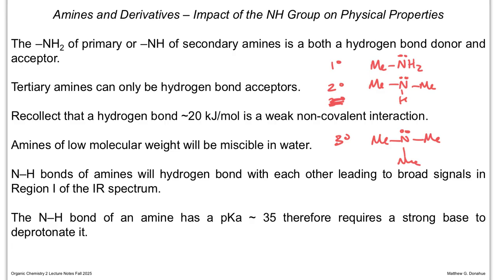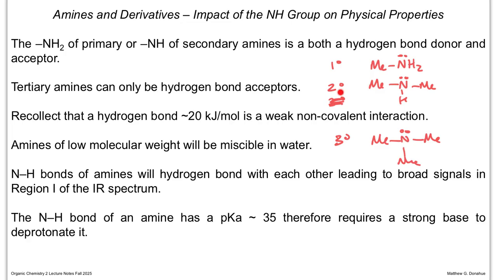So in the series of primary to secondary to tertiary, for primary, there's only one carbon group, so that means there's NH2. For secondary, there's NH. And then tertiary, there are no more H's bonded to the nitrogen.